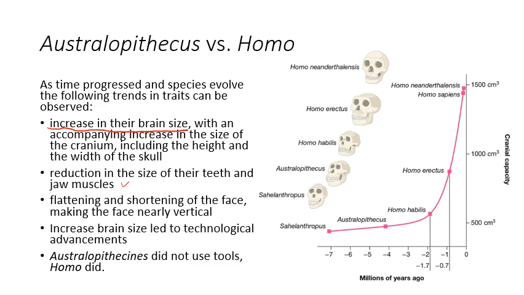The flattening and shortening of the face. As we move through from Australopithecus to the genus Homo, Australopithecus skulls tend to have a really slanted shape, but the closer we move towards modern day humans, we can see that that slant is lessening. And when we get to modern day humans, we do have quite a flat face in comparison.